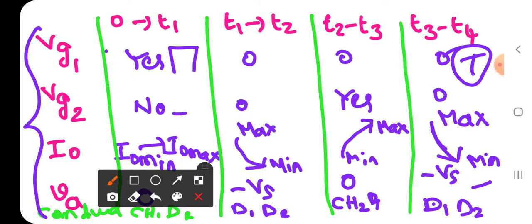Okay. Next, 4-quadrant chopper or class E chopper.